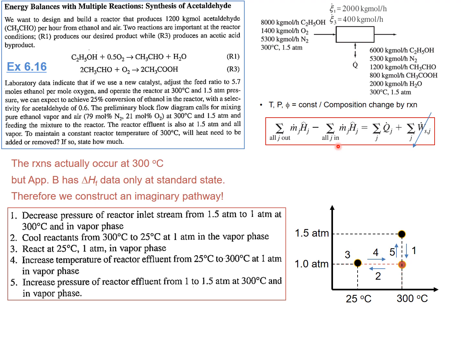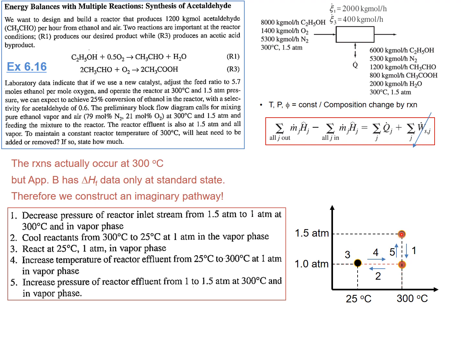However, what we have is the enthalpy data at 25 Celsius degree. Therefore, we construct an imaginary pathway. We have 5 steps for the pathway. The starting point is 1.5 atm and 300 Celsius degree. But the enthalpy values are known at 1.0 atm and 25 Celsius degree.